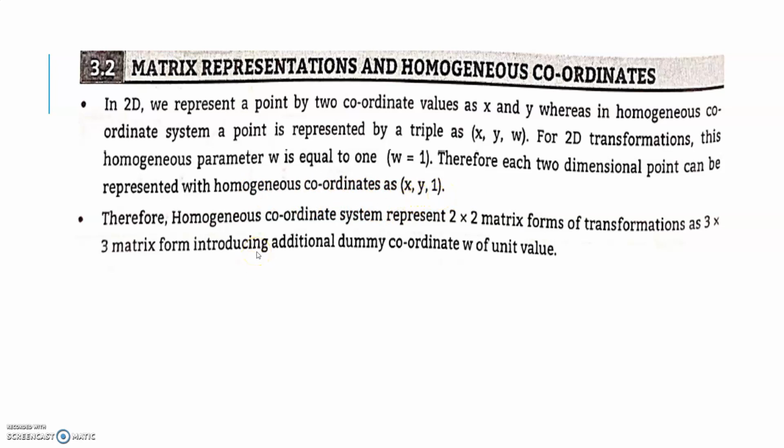Therefore, the homogeneous coordinate system represents 2 by 2 matrix forms of transformations as 3 by 3 matrix form. Why are we considering the 2 by 2 matrix form of transformation as 3 by 3 matrix form? Because in the homogeneous coordinate system for 2D, a point is represented by three coordinates x, y and w.